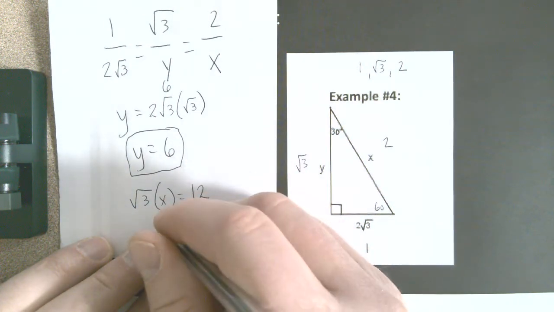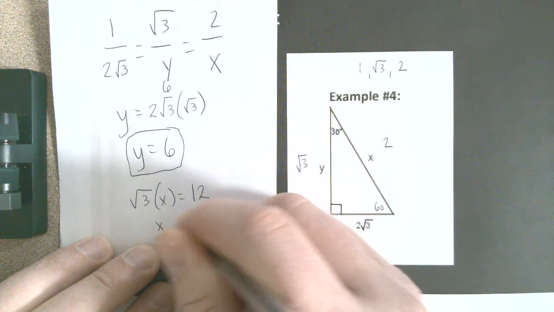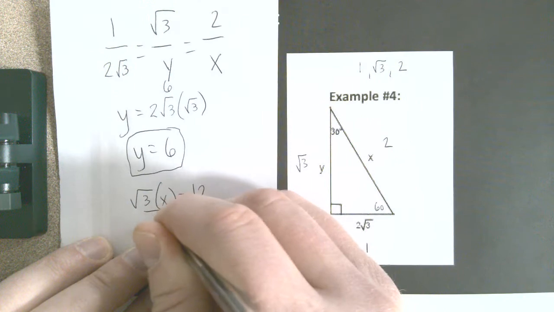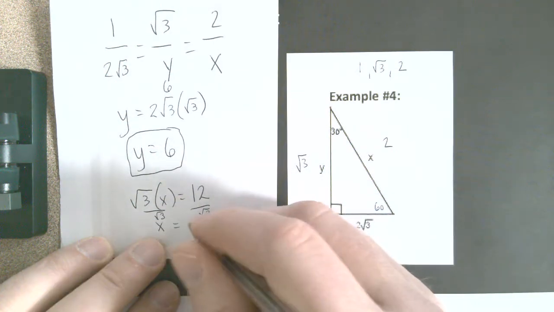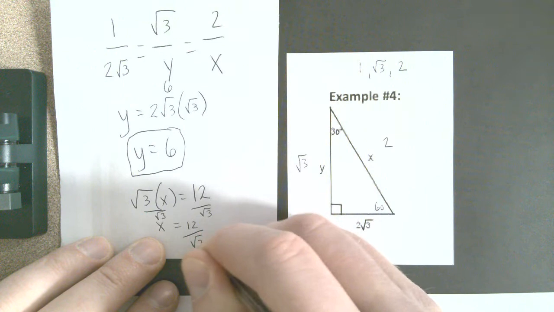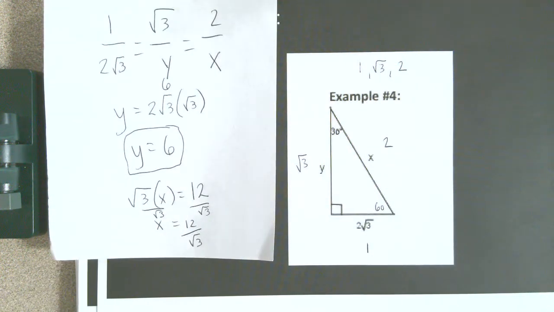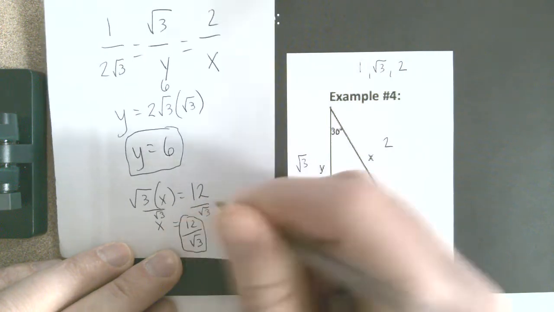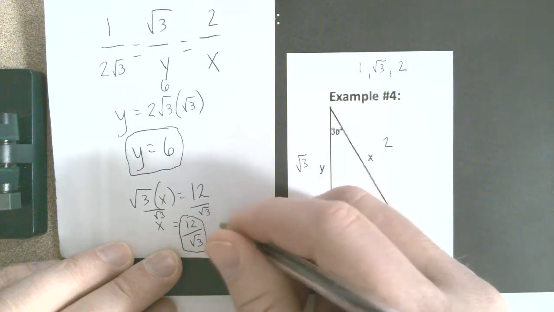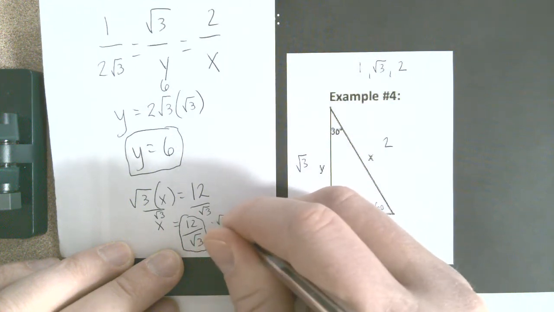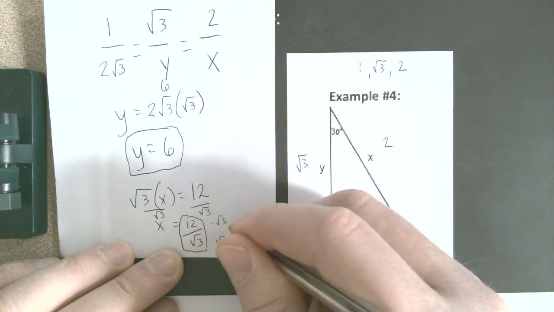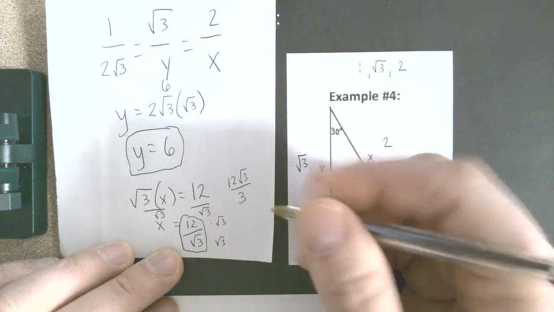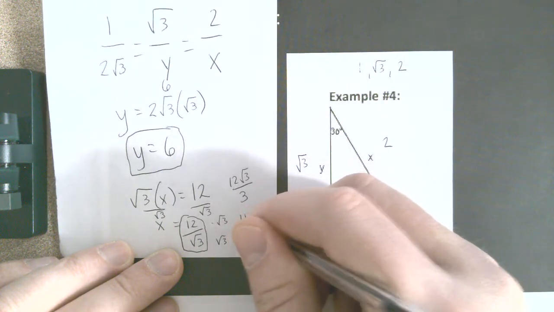And then just to solve that, I'm going to divide by radical 3. So when I divide by radical 3, I get 12 over radical 3, which could technically be an answer we can keep. If we get rid of the radical on the bottom by multiplying by radical 3, I get 12 radical 3 over 3, which reduces to 4 radical 3.